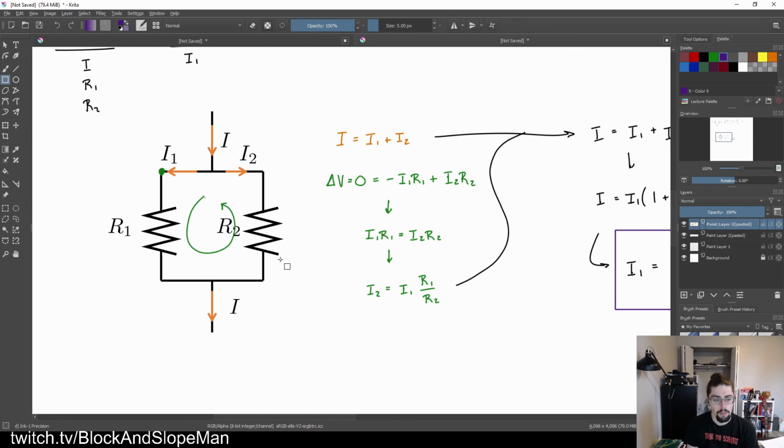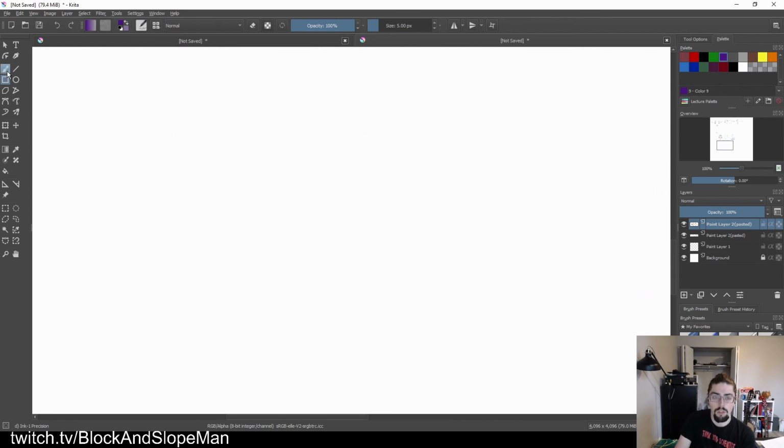The easiest way to think about it is what happens when you're drawing a loop with one battery and one resistor. Like if I were to draw this one out real quick.